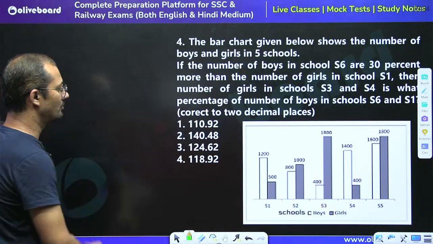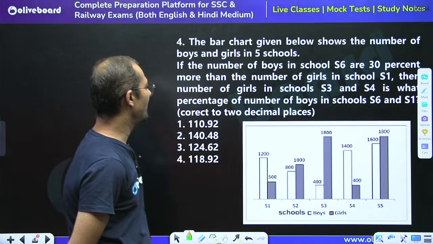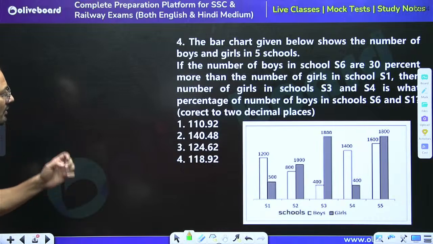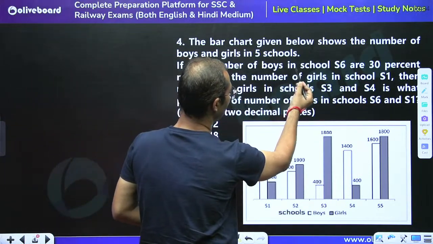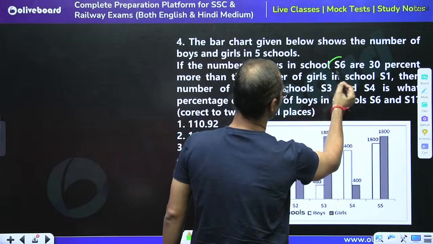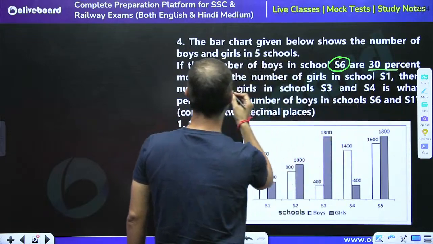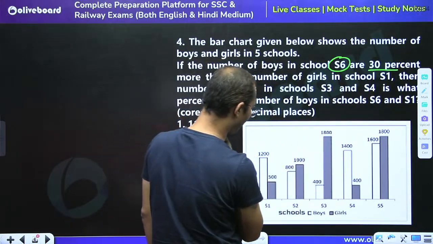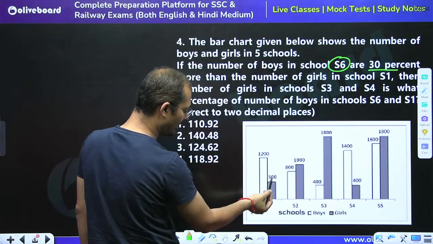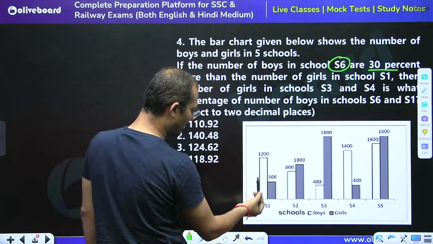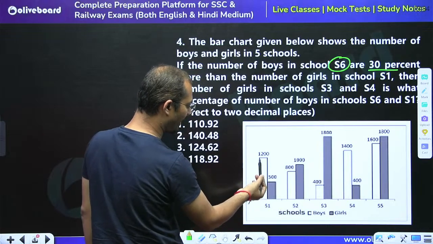Okay, so moving to the next question. The bar chart given below shows the number of boys and girls in 5 schools. The number of boys in school S6 is 30% more than the number of girls in school S1. In S1 the girls are represented by the shaded portion and the boys by the white column, right?